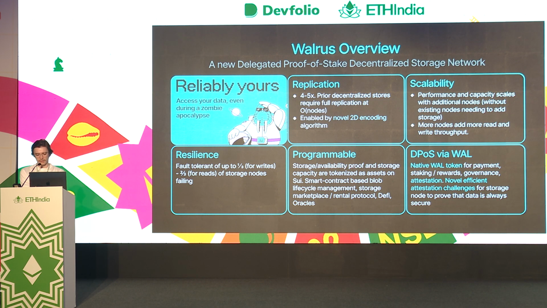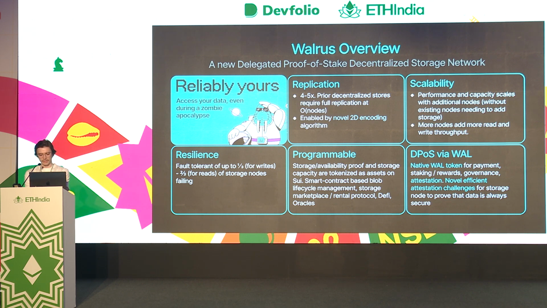So with our novel encoding algorithm, we are much more cost effective as far as storage goes than other decentralized networks that do full replication, but we're also a lot more resilient than the networks that use other methods of sharding the data.